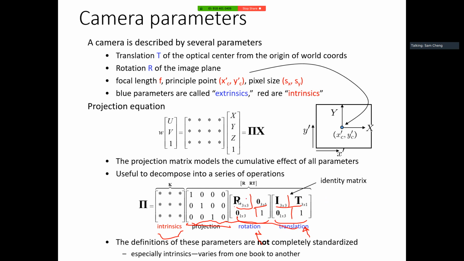This upper block will be R times I plus 0 times 0, so it's just R. And then this block here is R times T plus 0 times 1, so therefore it's just RT here. This lower block here is 0 times I and 1 times 0, so therefore it's 0 here. And this lower one is 0 times T and 1 times 1, which is therefore 1 here. So multiplying these two will be just equal to this guy here, right?